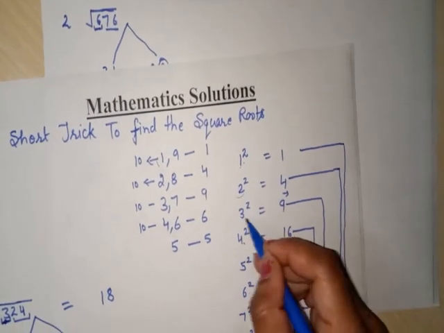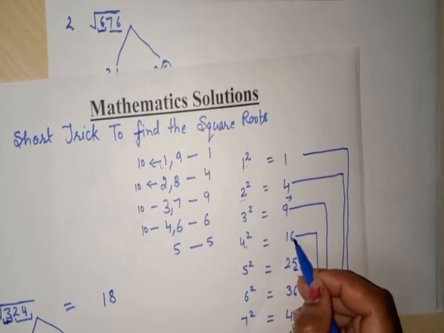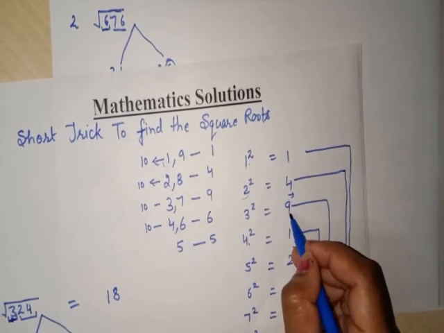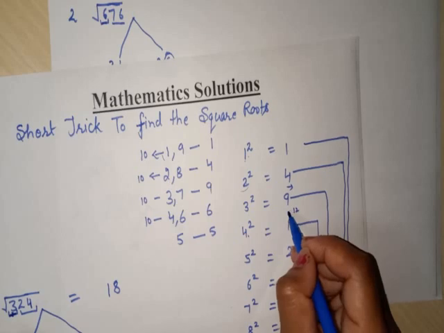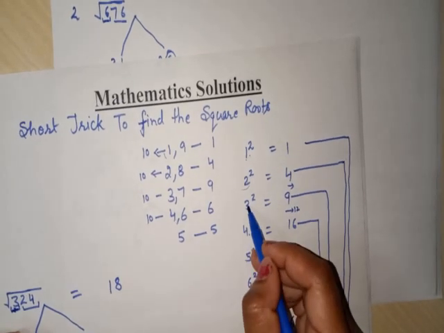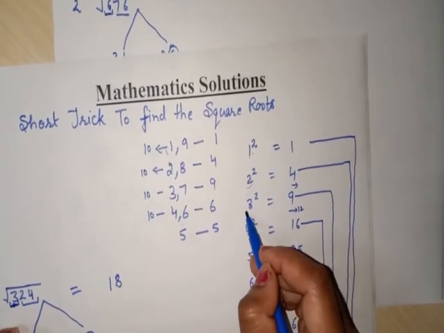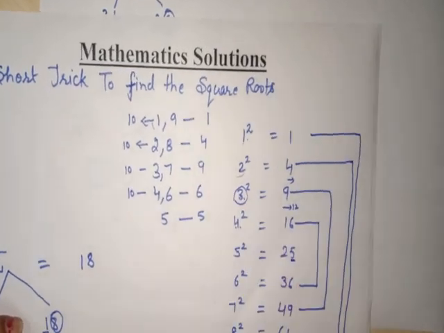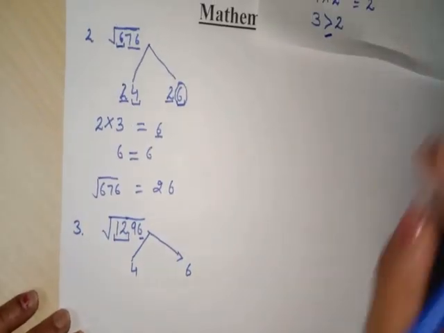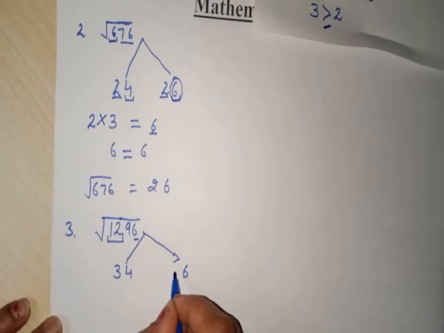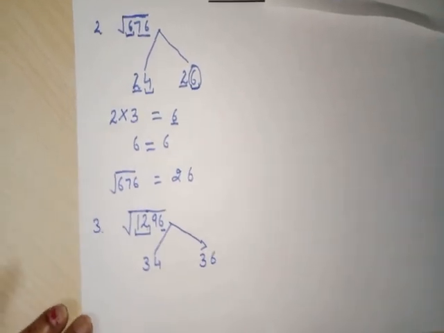So 3 square is equal to 9, 4 square is equal to 16. So 12 falls between 9 and 16. And from 3 and 4, which is the smaller number? 3. So we take the smaller number here as the digit at the tens place of the square root.